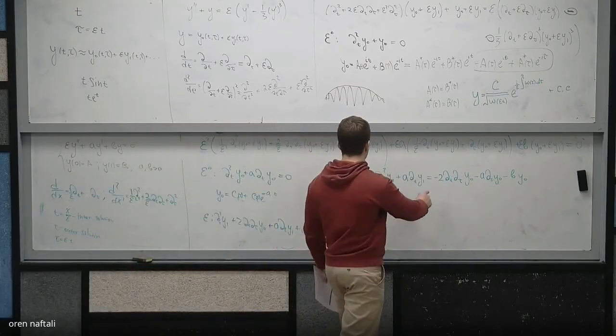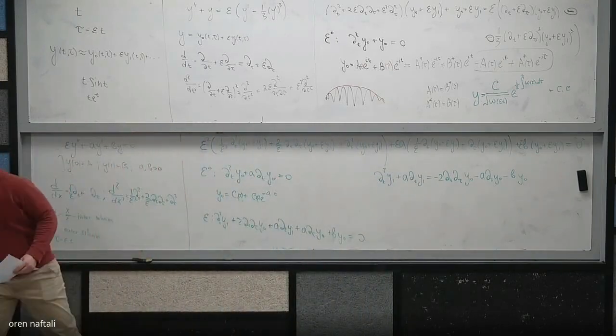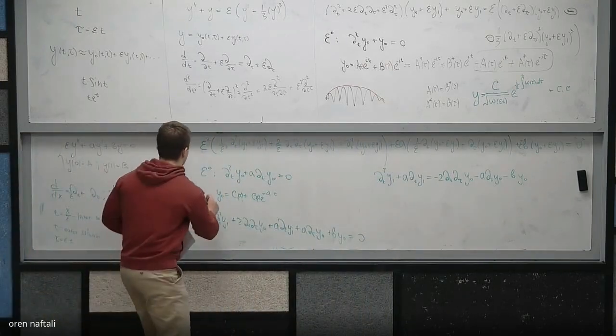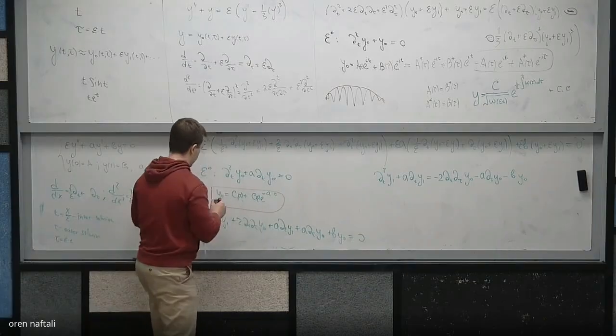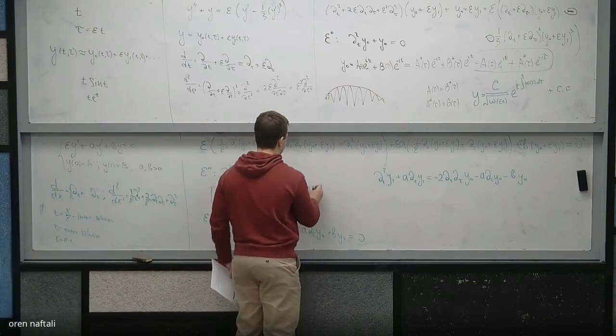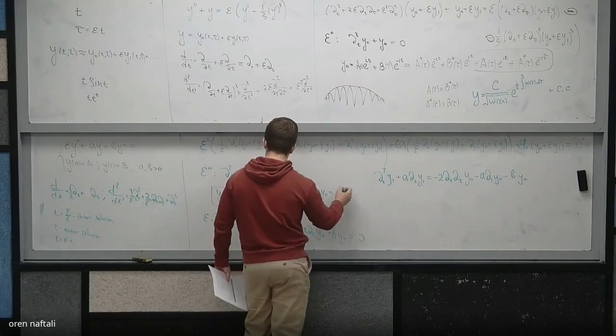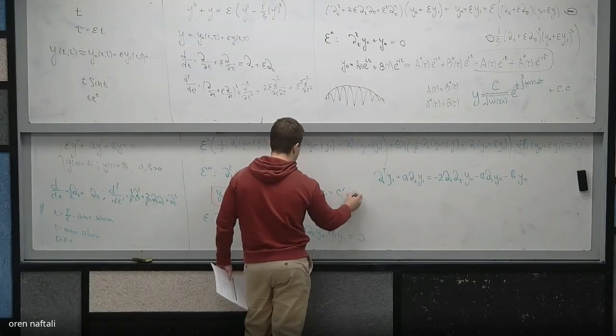So let's calculate the derivatives. So this is my solution, let me put it in the red box, and I need to find the derivatives, right? So d tau of y naught is just C1 prime plus C2 prime times e to the minus a t.